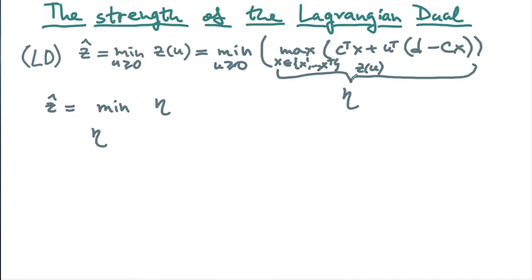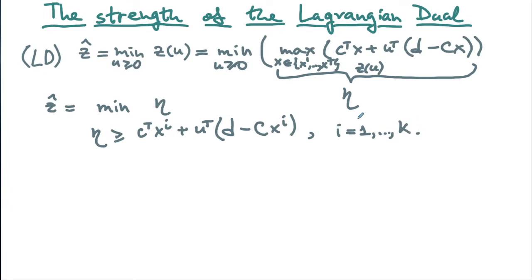This means that eta must be an upper bound for each of these linear functions, and we'll write down all of these constraints explicitly. So we'll say eta is greater than or equal to c transposed x_i plus u transposed times (d minus C x_i), where i is between 1 and K capital. And we also have the non-negativity constraints for u.